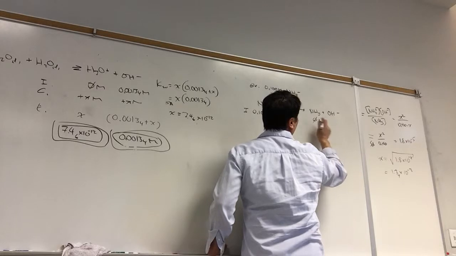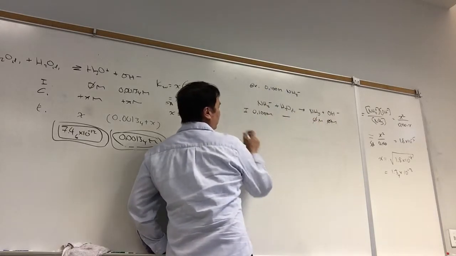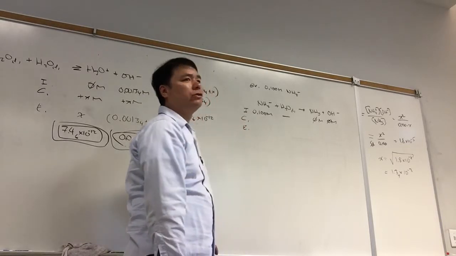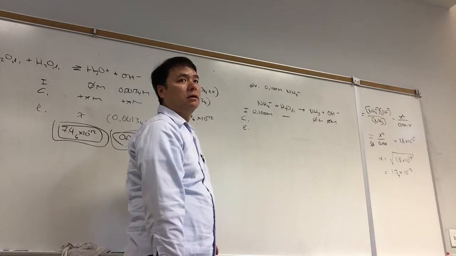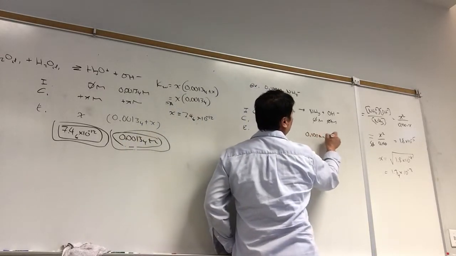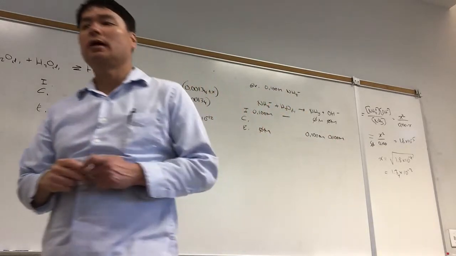We're going to say no ions have been generated. The change here, Kb is very large, so the change is going to be complete, 100%. So we're going to end up with 0 molar, 0.100 molar, 0.100 molar.